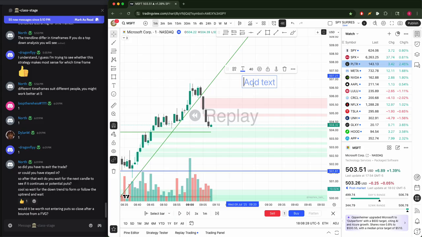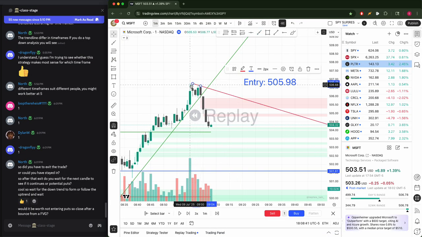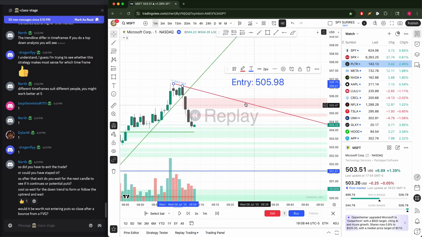Okay, so this is an entry for puts, we're at 505.98. And we do have a very flattish downtrend line, but we're going to use this one for our stop loss.